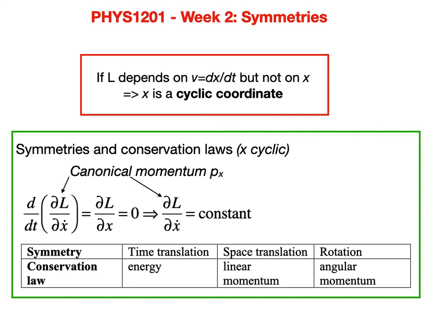Similarly, if you rotate your experiment and your physics doesn't depend on a particular angle, you have an invariance under rotation, then you have conservation of angular momentum. The case of time translation leading to conservation of energy is a bit more subtle, and we will discuss that later in the course.